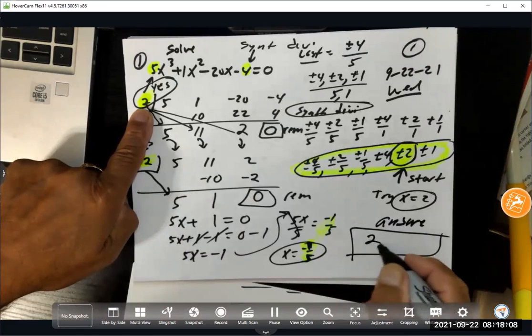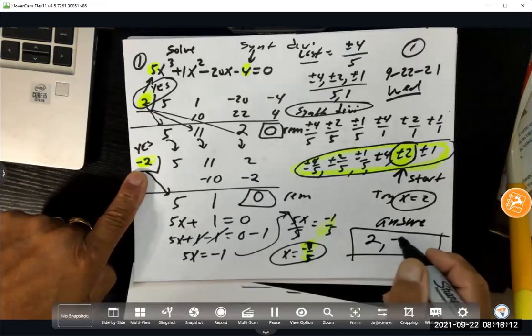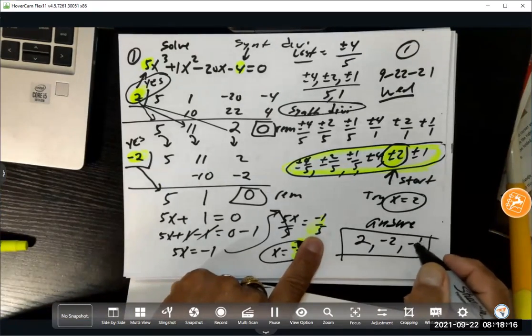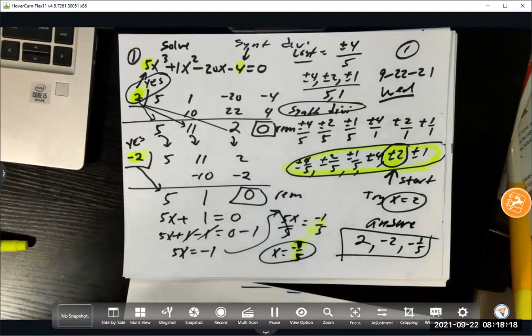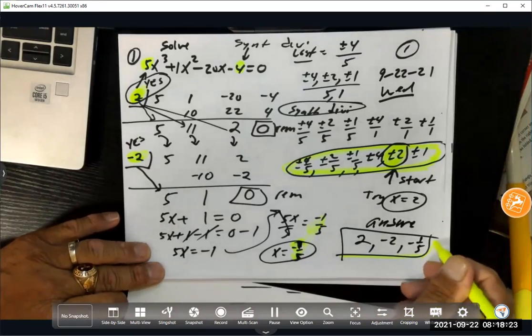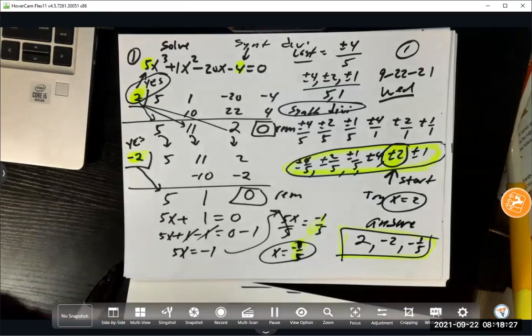Yes. Does negative 2 go in there? Yes. Does negative 1/5 go in there? Yes. So I have 3 answers, right? I have the 2, the negative 2, and the negative 1/5.